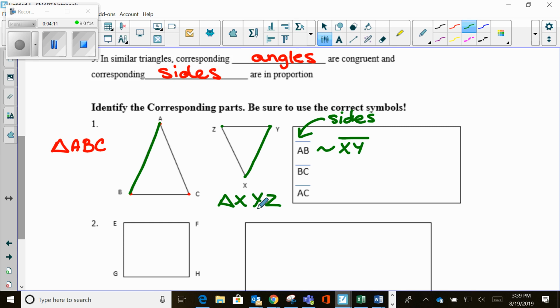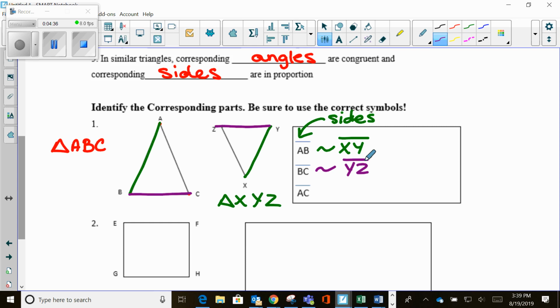The next one is side BC. So we're going to look down here at side BC is going to be similar to side YZ. BC are the last two letters of the name. YZ are the last two letters of the name. So you know they are corresponding.